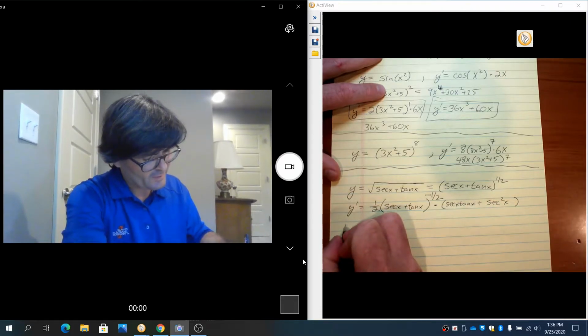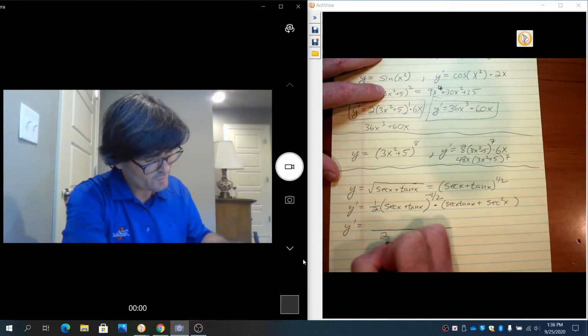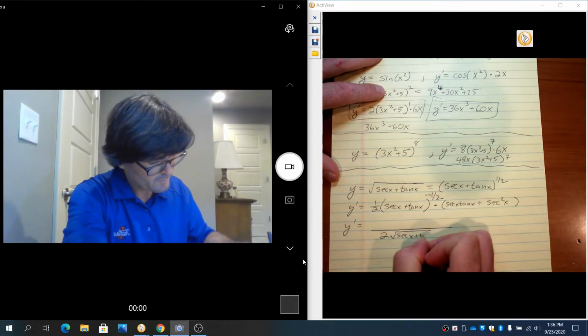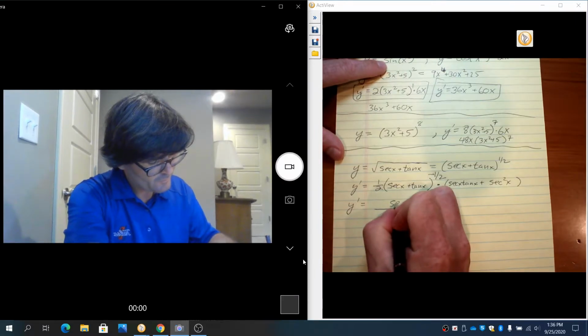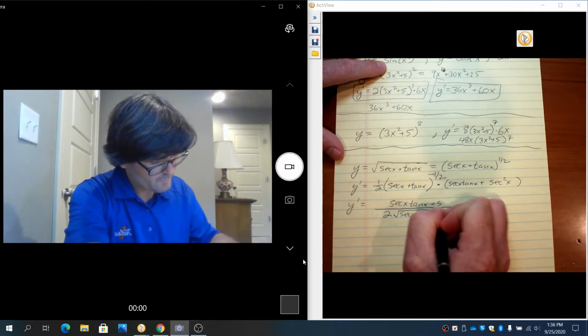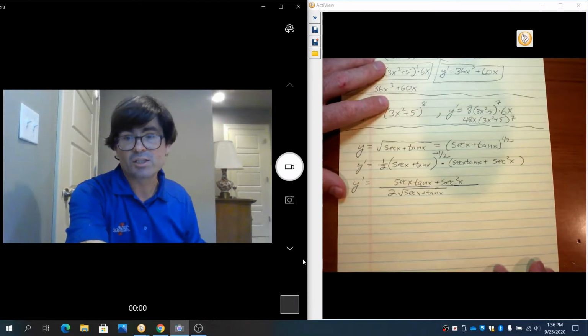And I'm just going to rewrite this one more time as a fraction. 2, down here we have the square root of secant plus tangent. Up top we have secant tangent plus secant squared. So that's my derivative from the chain rule.